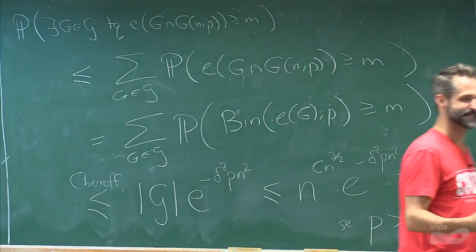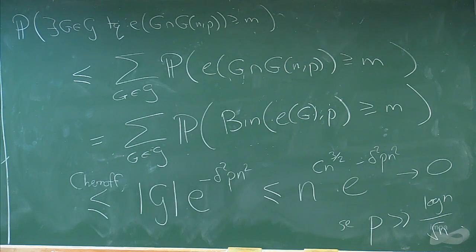Sorry, so what you're saying is that the conclusion is that there's not likely to exist a K3-free H? Yeah, exactly. The existence of the thing is not likely, and therefore the theorem is true with high probability.